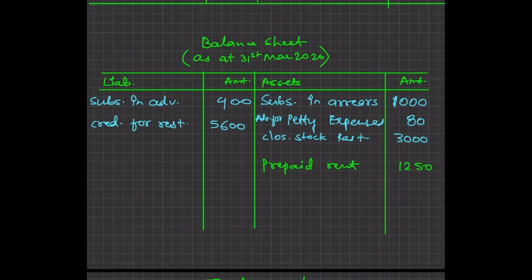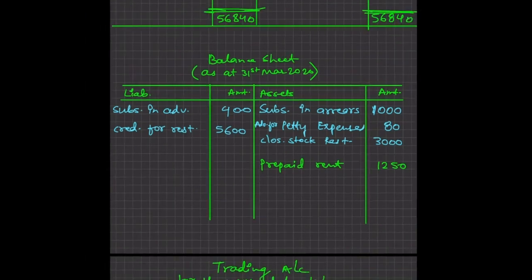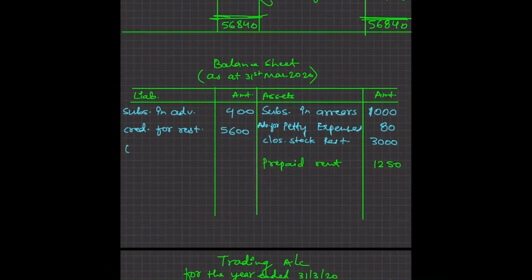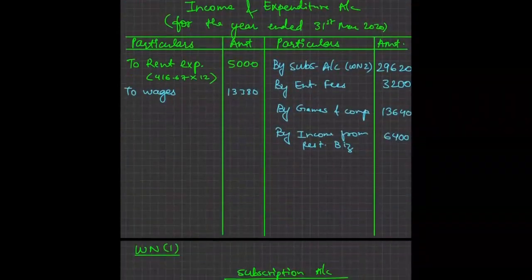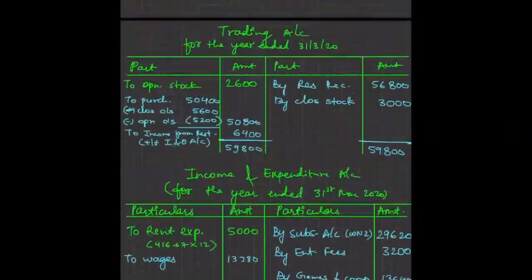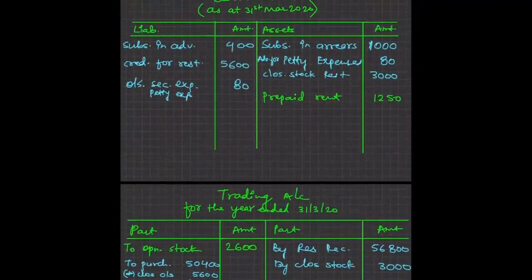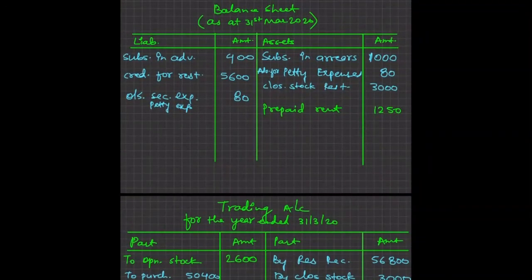One student is saying that secretary expenses outstanding, so it is on the liability side. Yes, beta, that is outstanding, so that will come on the liability side. Outstanding secretary expenses of 80. Or I would say outstanding petty expenses. So that won't come over here then. Was the word outstanding mentioned? Let me check once.